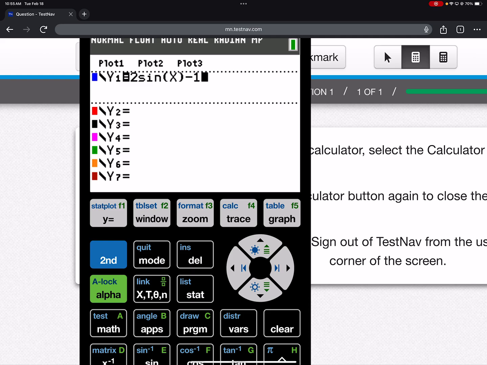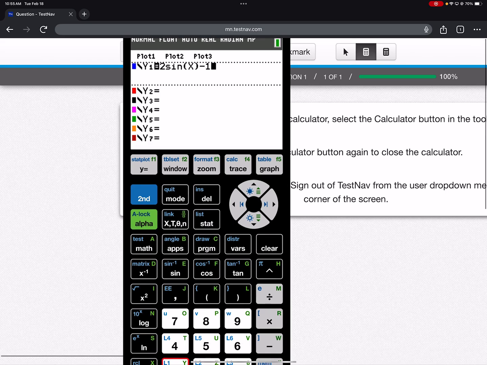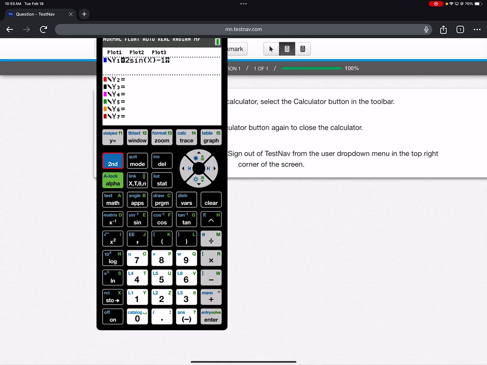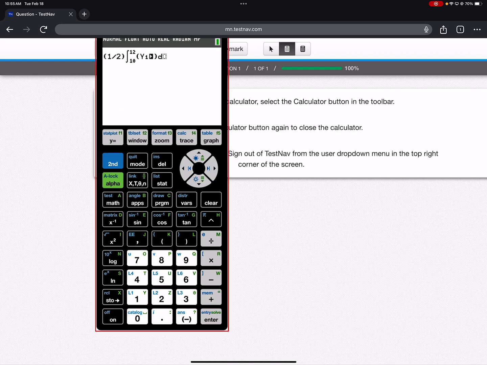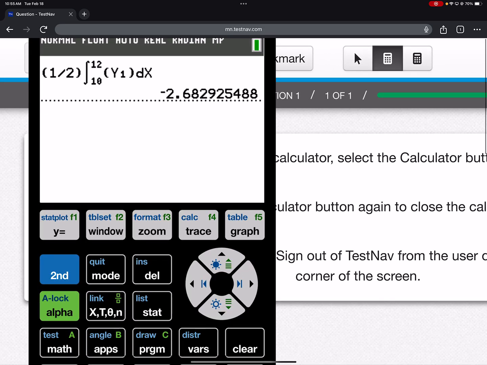Okay. Make sure you close the argument. All right, so 1/2, math 9, 10 to 12 of y1 dx. And you guys should get that.